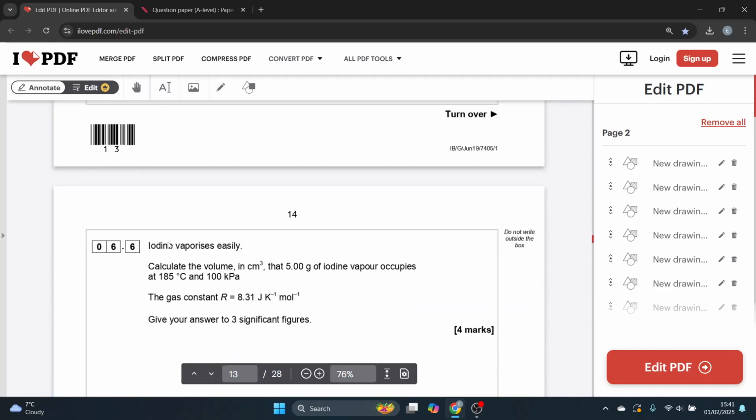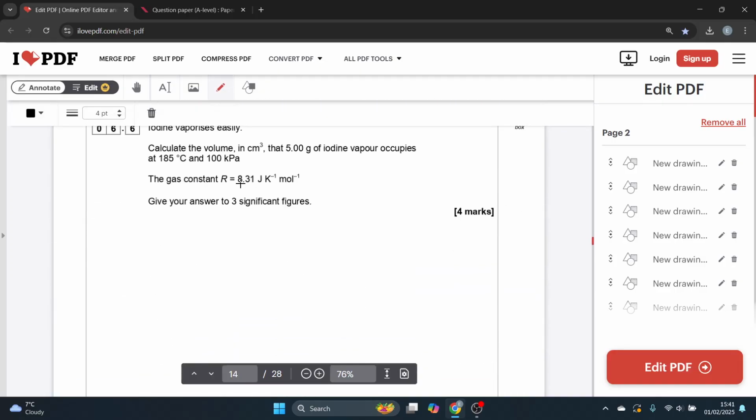Iodine vapor: calculate the volume that this much occupies. So I'm going to have to use PV equals nRT.